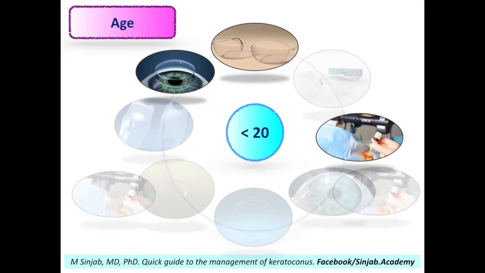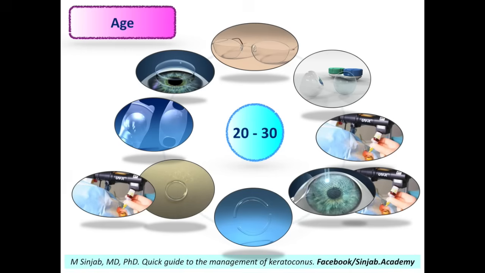When the patient is younger than 20 years old, the best options are glasses, corneal cross-linking, and grafting. Corneal cross-linking is also a keystone at this age, because keratoconus is considered progressive when the patient is younger than 20.